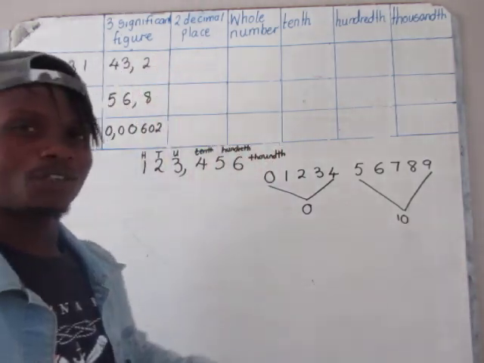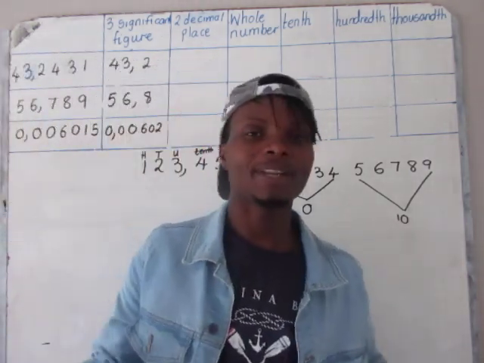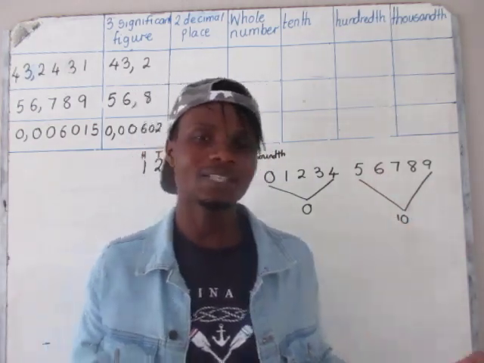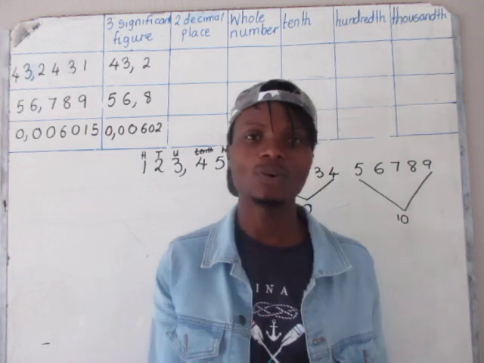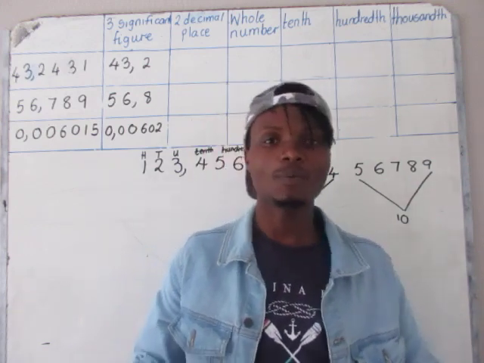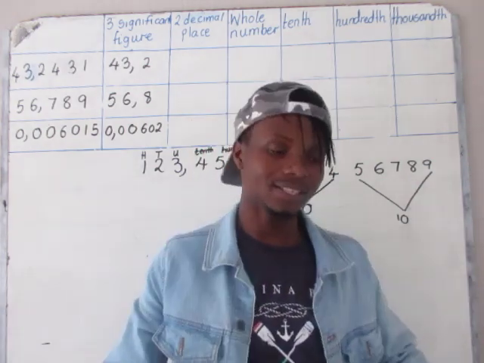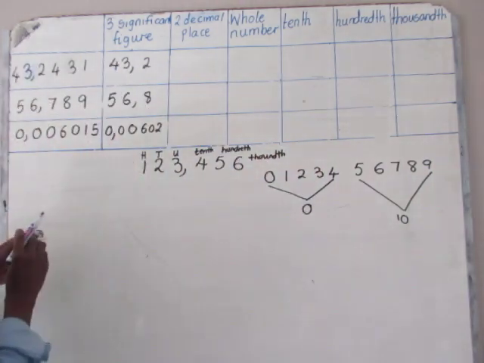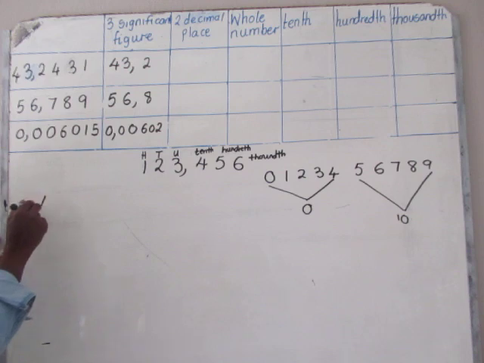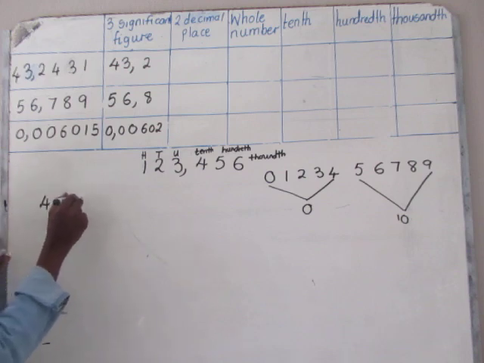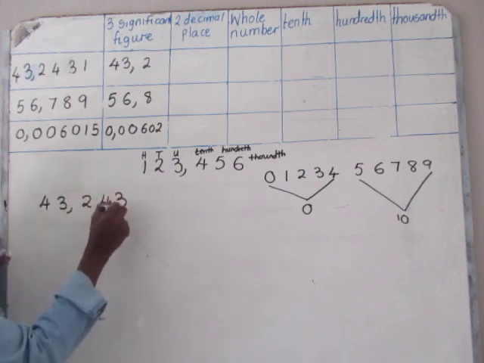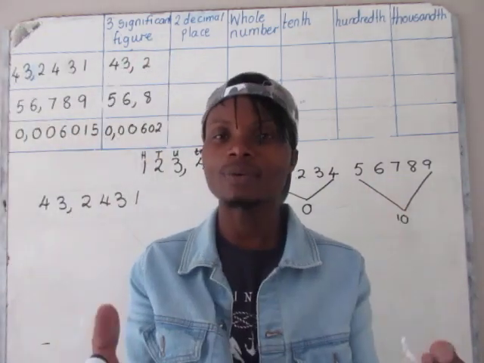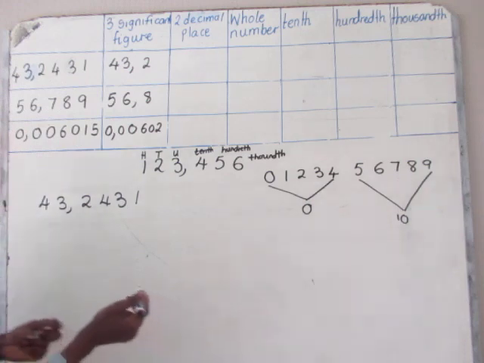How about rounding off to 2 decimal places, 3 decimal places, 4 decimal places? What does that really mean? Rounding off to 2 decimal places means we only need 2 numbers after the comma. So in this case, we have 43.2431.